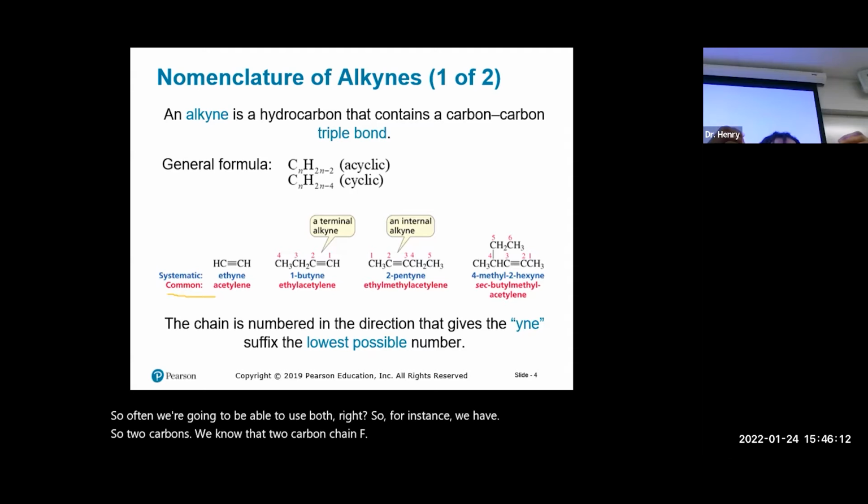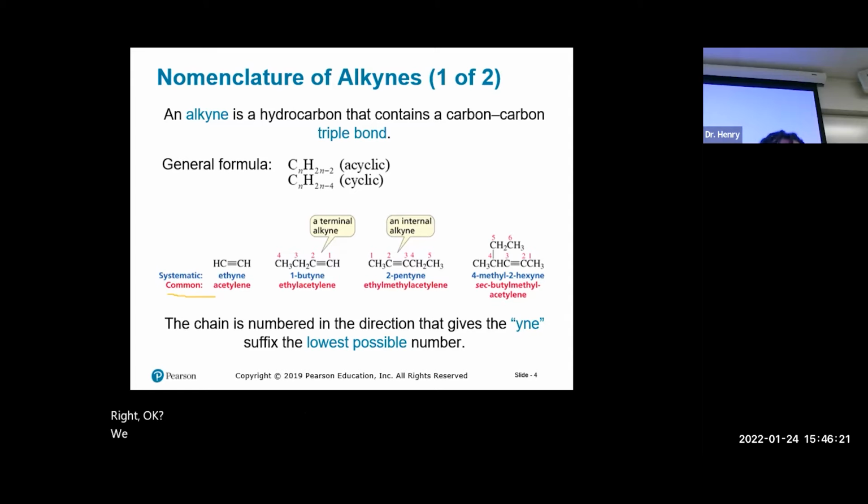Its common name is acetylene. Okay, we have 1-butyne. Its common name is ethyl acetylene. That makes sense because we have the acetylene as our core right there, and then we have an ethyl group coming off of it.